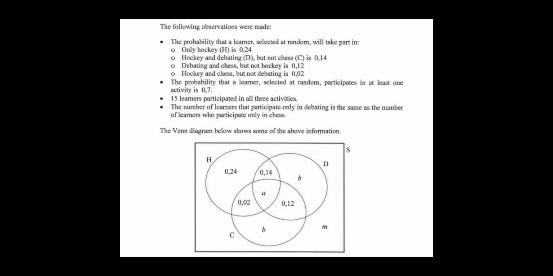Sorry, sir, can you explain again? Okay, so here they're saying, I'm scratching it out instead of highlighting, the probability that a learner selected at random participates in at least one of the activities. So at least one of the activities means everybody in these 3 circles.